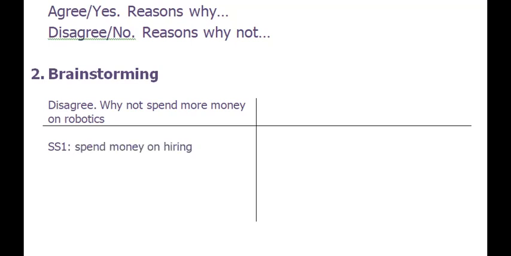They should spend money on hiring more staff. And then for your developing sentence 1, you could say, think about why, when, where, how, what. In this case, you could answer the question, what? What do we mean by more staff? You could say doctors, nurses, aides.